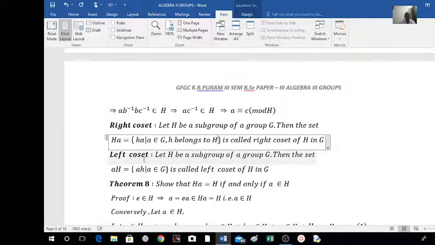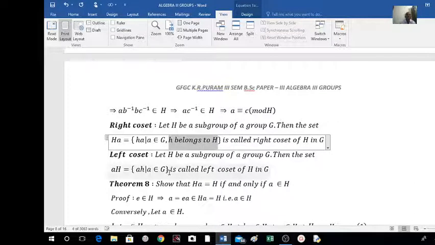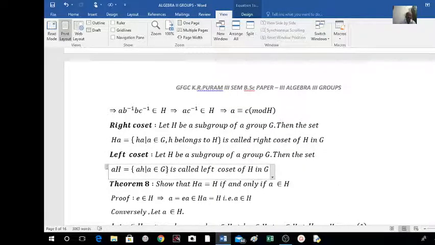Similarly, what is the left coset? In a similar way, here also h belongs to H. Left coset means we write like this: H is a subgroup of the group G, and A is any element of G. Then we write AH, that is, AH1, AH2, AH3, AH4, up to AHn.